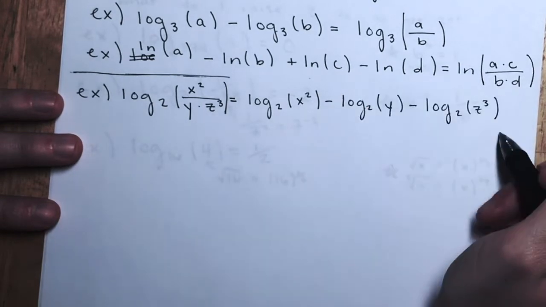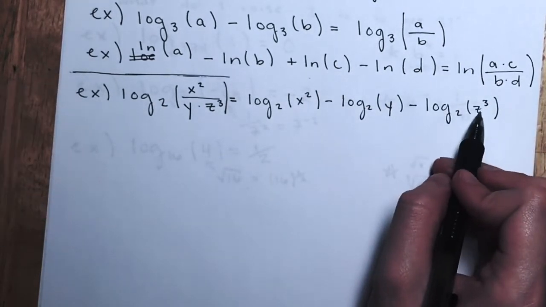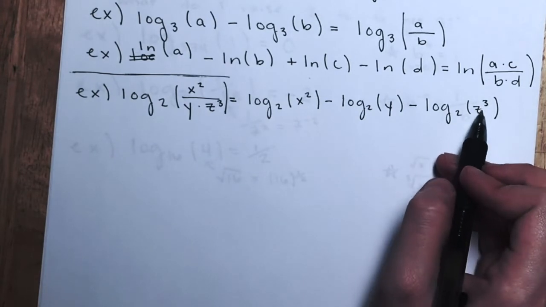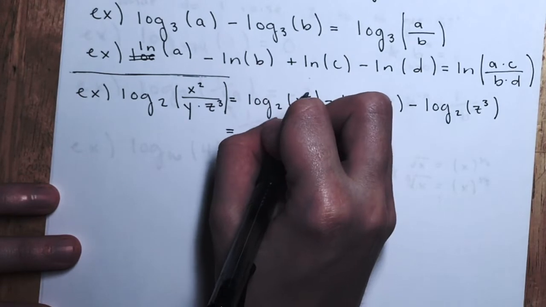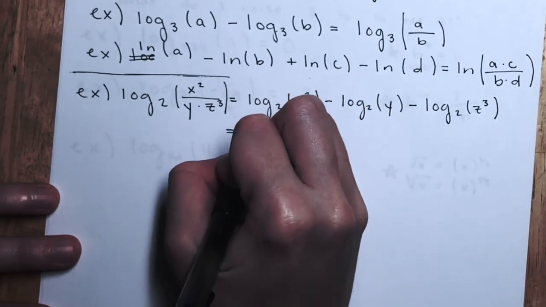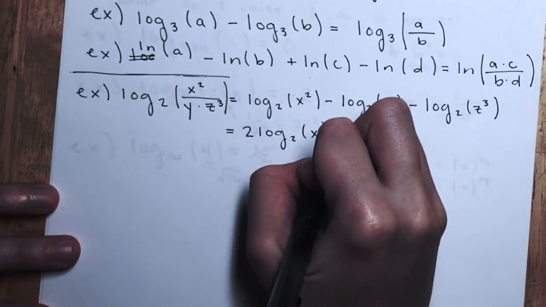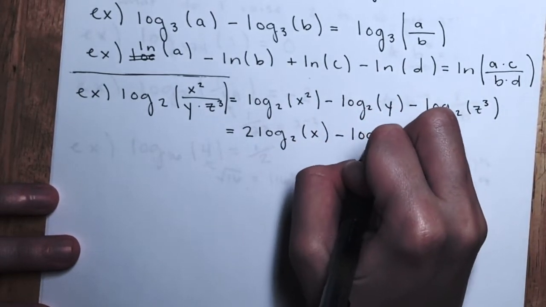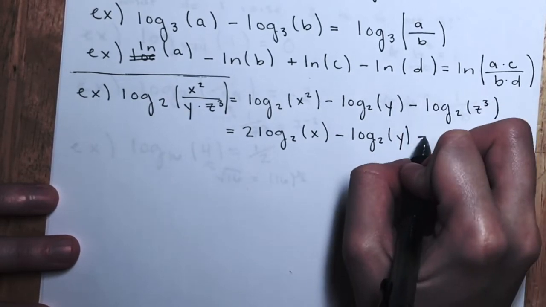Now that we've got these all separated, right, now that each individual term has the exponent applied to it, we can use power rule. So power rule tells us that this 2 comes out front, y is on its own already, so we're totally good there, and then this 3 comes out front as well.